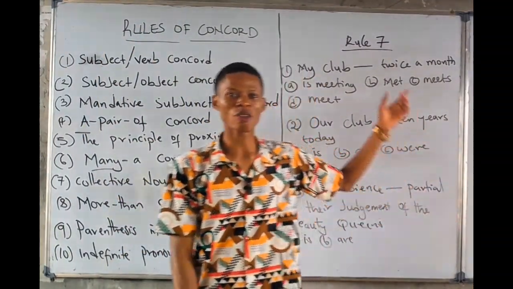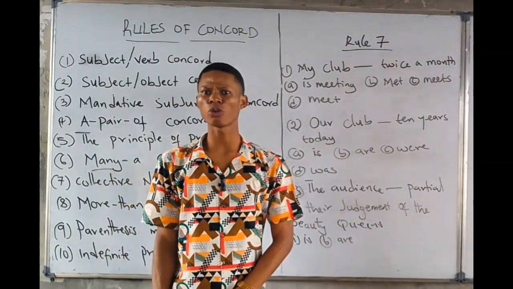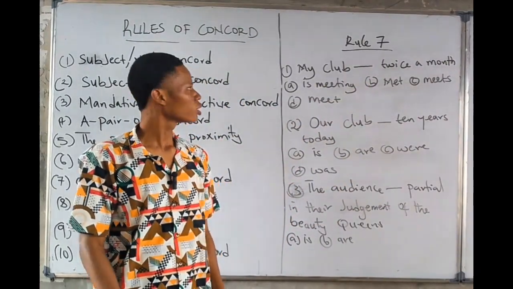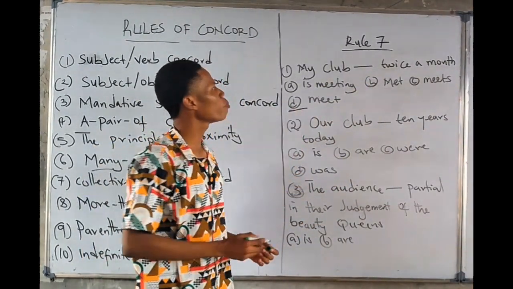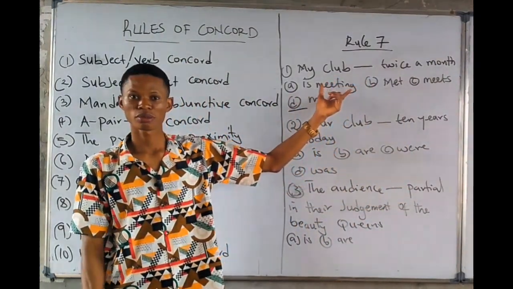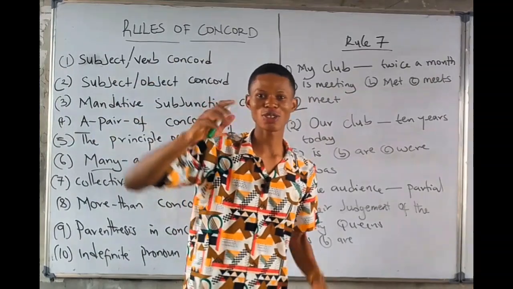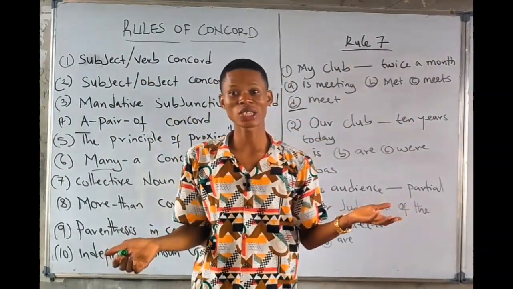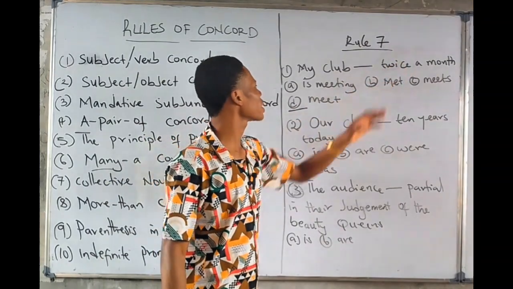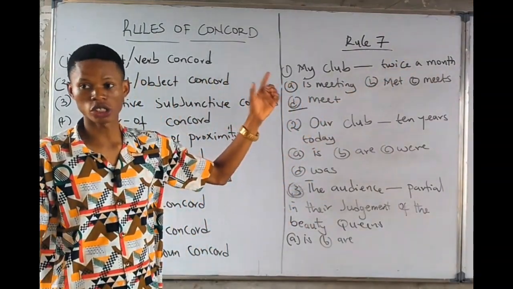So as it's performing an action, is it supposed to be singular or plural? Plural. My club meet twice a month because the club is performing an action here, the action of meeting. It's looking somehow odd, right? But that's the right thing.